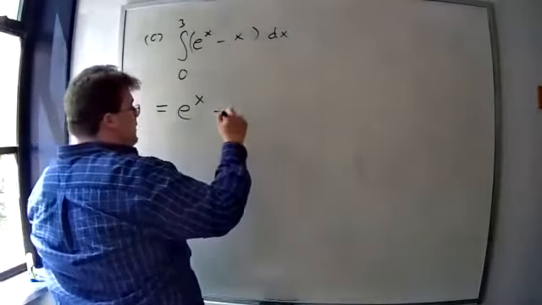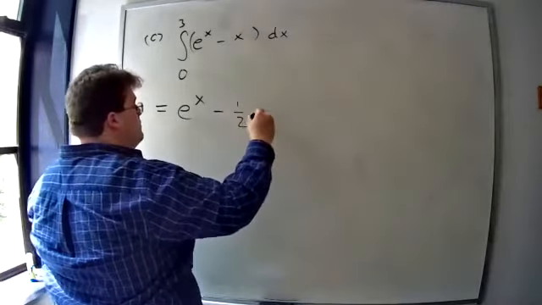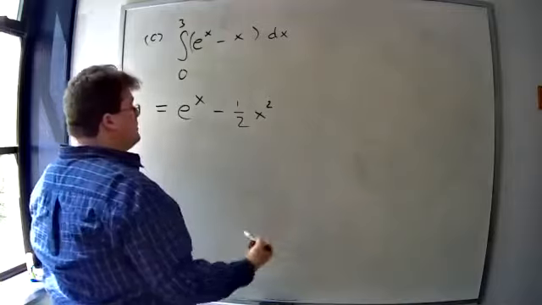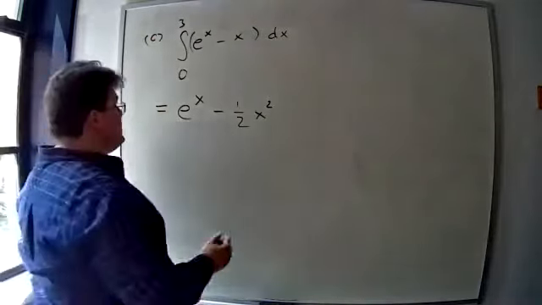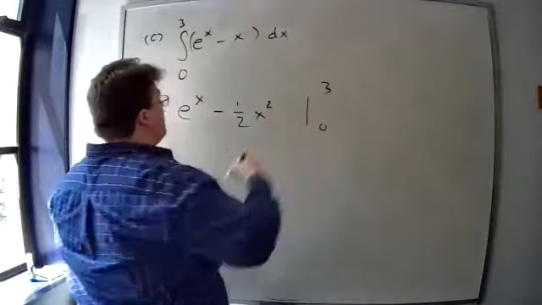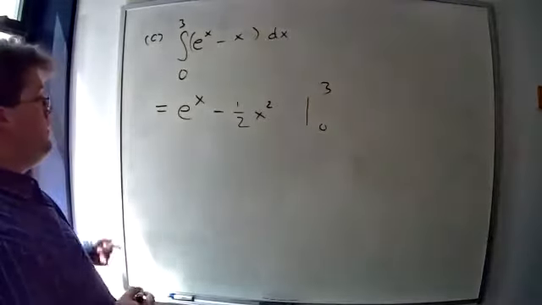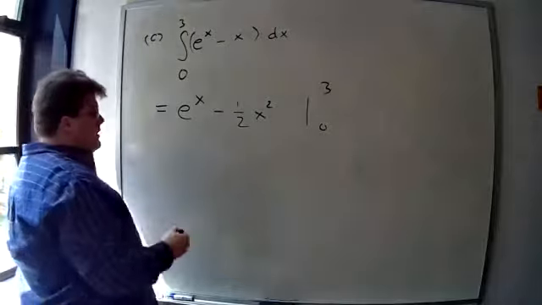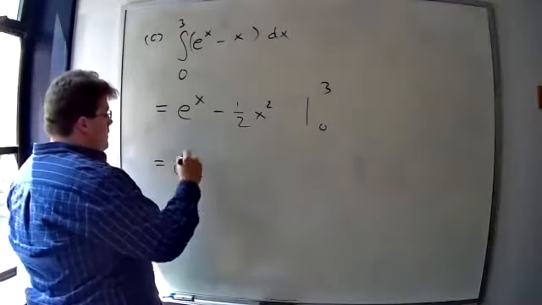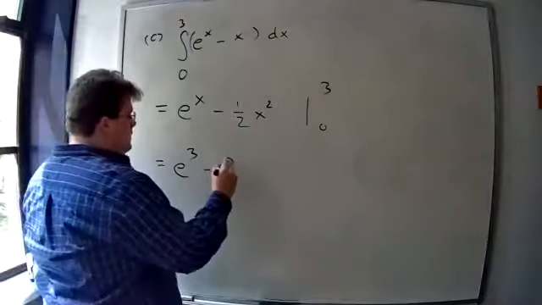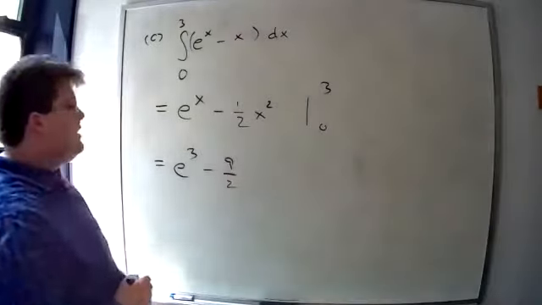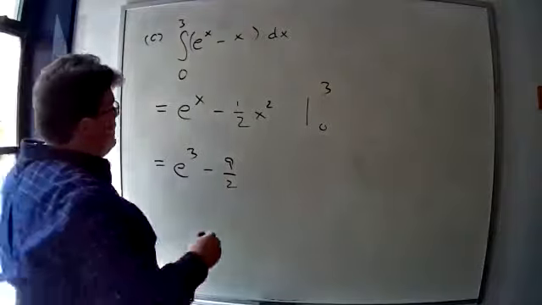The exponent is 1. 1 plus 1 is 2. So we get a half x squared. The derivative of this function is e to the x minus x. And we're evaluating here from 0 to 3. So what do we get when we substitute 3? e cubed. 3 squared is 9. So e cubed minus 9 halves.